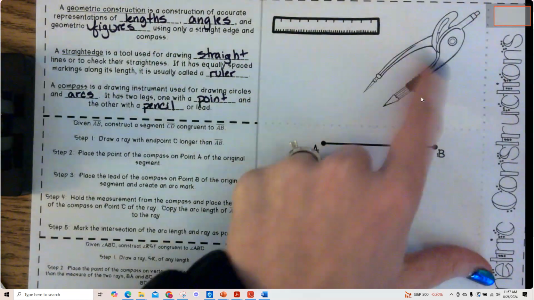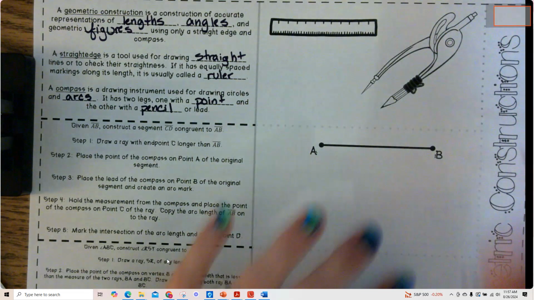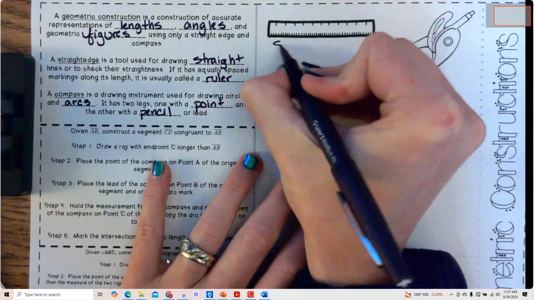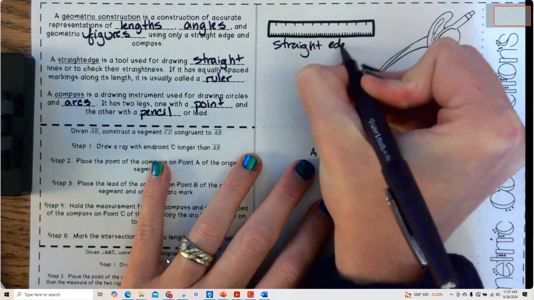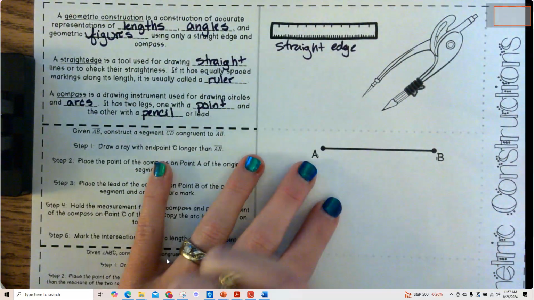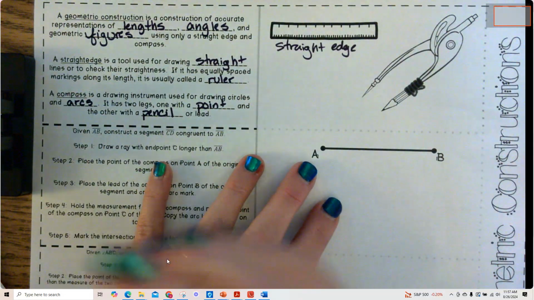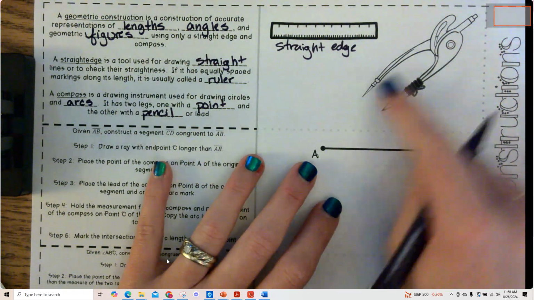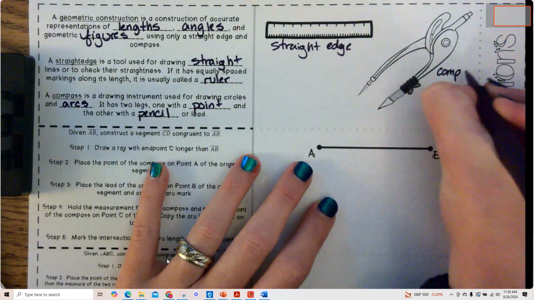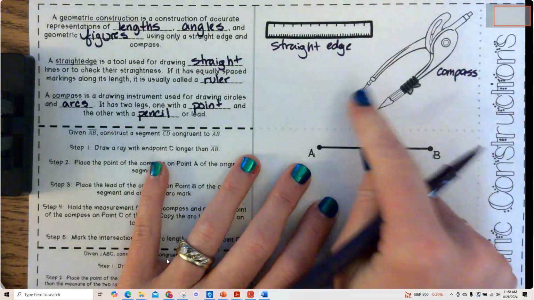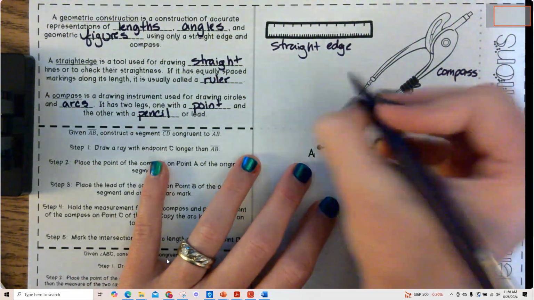All right, so here's our two things that we'll be using. So our ruler or our straight edge. Again, it does not have the marking. It does not need the markings to do what we need it to do. We just need that nice sharp edge. So this whole tool is called your compass. The sharp metal end is your point.